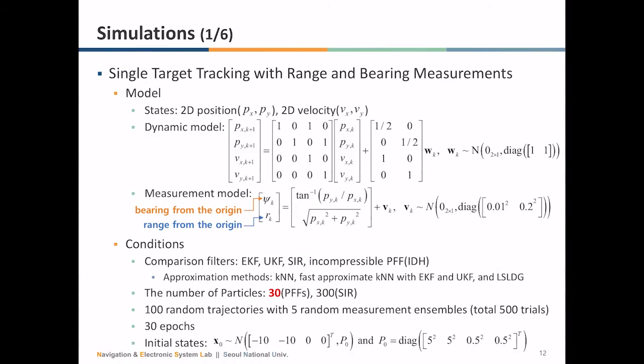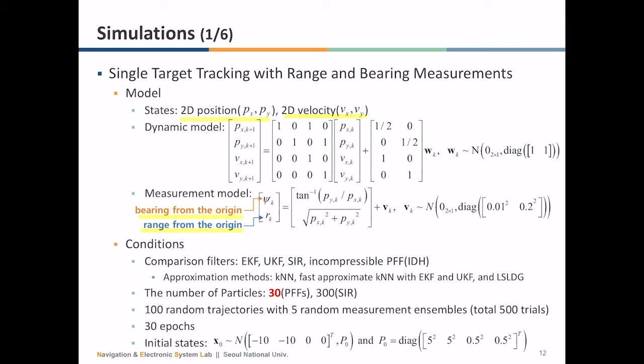In order to verify the performance of the presented structure, we performed both single and multiple target tracking simulations. First, I'll describe a single target tracking example using range and bearing measurement. The state variables are two-dimensional position and two-dimensional velocity. The measurements are the range and bearing angle from the origin.